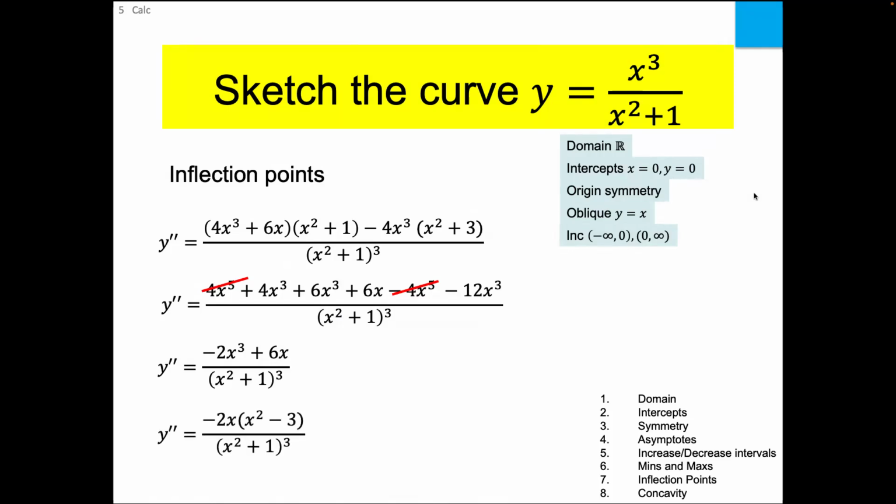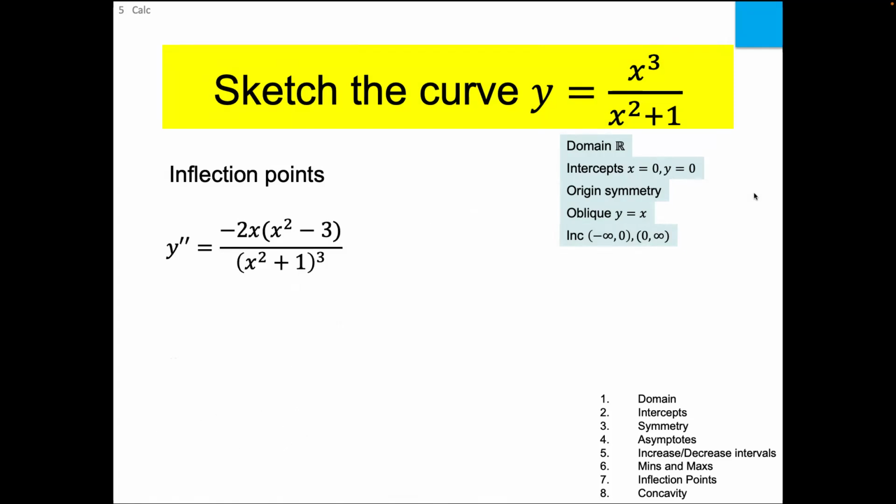Just the top. Notice I factor out a minus 2x. Okay. So just the top. I'm not sure why I wrote that a second time right there. Oh, I know why. Go.